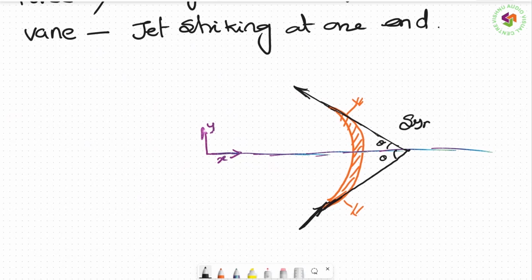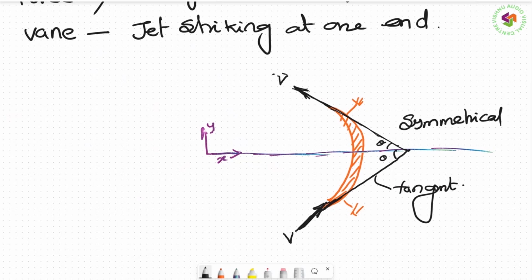That is why it is called symmetrical. This is how it strikes, and this is how it leaves. This is how you should draw the figure. The jet is striking at a velocity v and leaving at a velocity v. And this is the tangent. This is what you should remember.